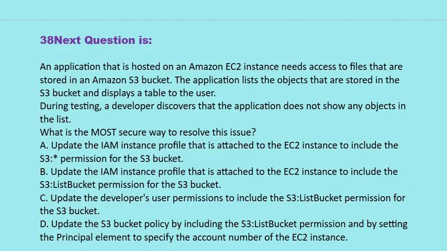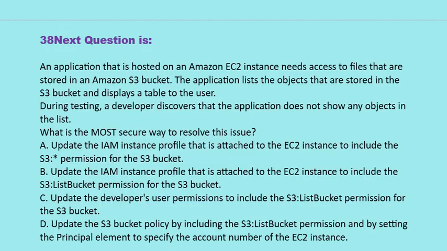Option A, update the IAM instance profile that is attached to the EC2 instance to include the S3 permission for the S3 bucket. Option B, update the IAM instance profile that is attached to the EC2 instance to include the S3 list bucket permission for the S3 bucket.